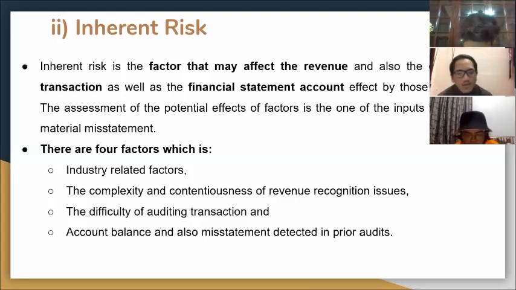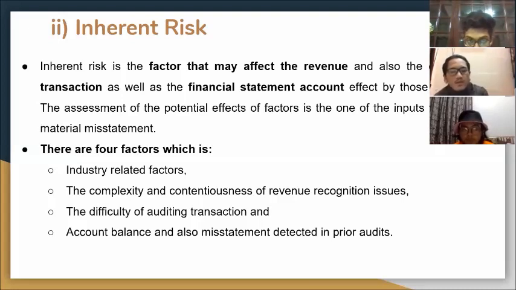Second risk is inherent risk. Inherent risk is the factors that may affect the revenue and also the cash transactions as well as the financial statement accounts affected by those transactions. The assessment of the potential effect of these factors is one of the inputs for the risk of material misstatement.